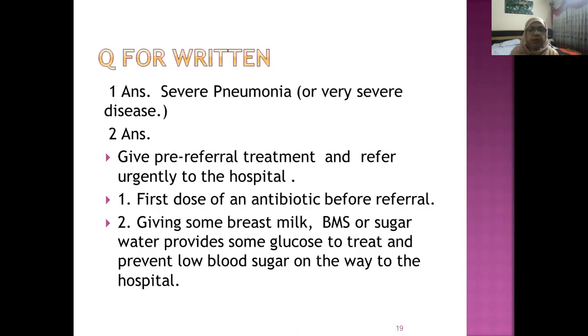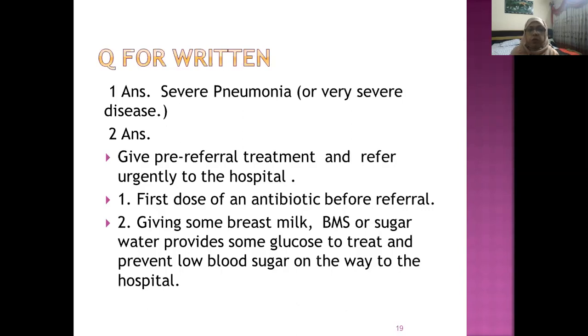And the first dose of antibiotic you have to give before referral. As I have told, give breast milk; if not available, if the baby is with the caregivers, then breast milk substitute or sugar water, which will provide glucose to treat or prevent hypoglycemia on the way to the hospital.